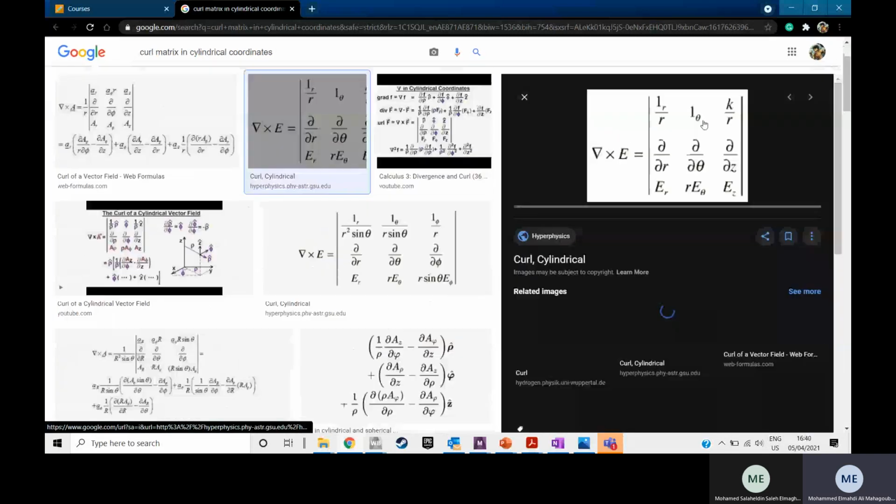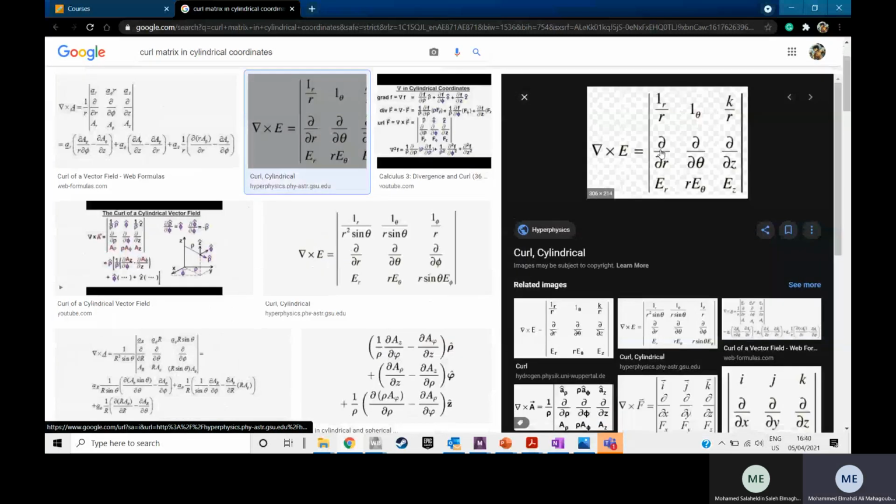Yes, this is it. Okay, and now here it's done, I think, for the electric field. It's the same thing, just take the electric field and put the velocity. So it is 1 over r, and here theta, and here k over r, because some of the unit vectors do have derivatives in this direction.